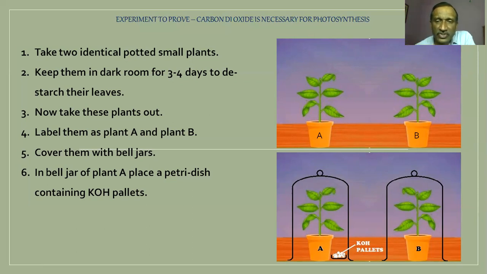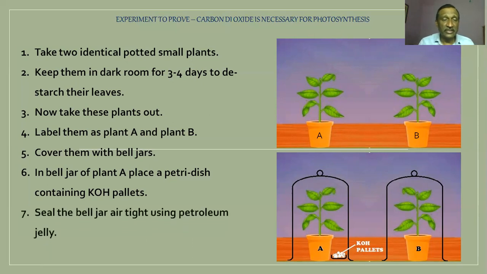Before that, we have to seal the surface where the bell jar and the flat surface, the table or whatever surface, come in contact, using petroleum jelly. So it reads, seal the bell jar airtight using petroleum jelly. Petroleum jelly is nothing but the Vaseline which you use at home during winter.